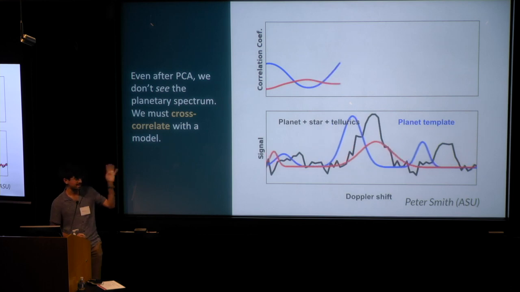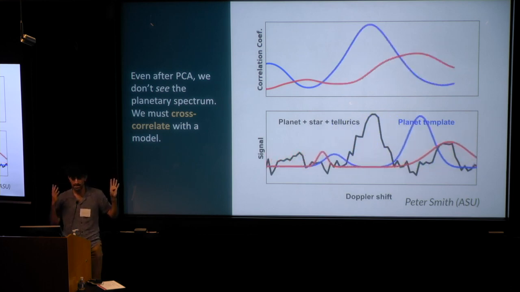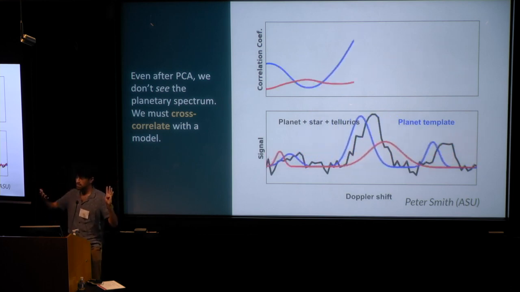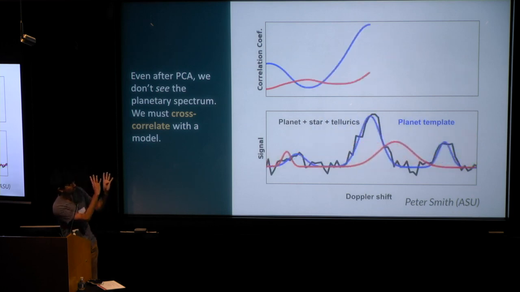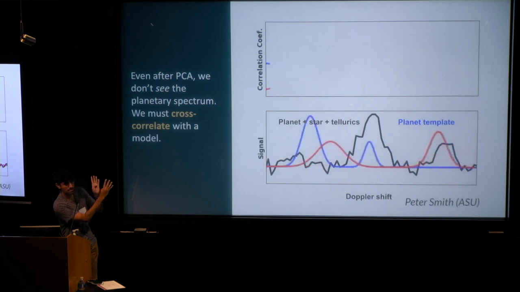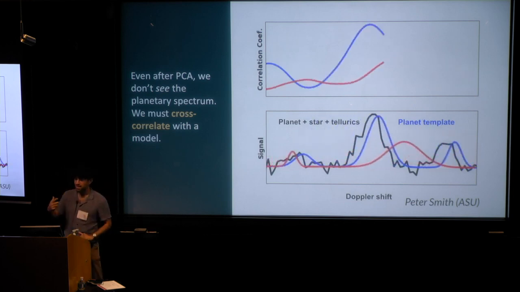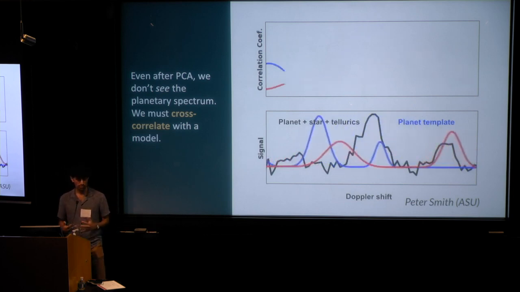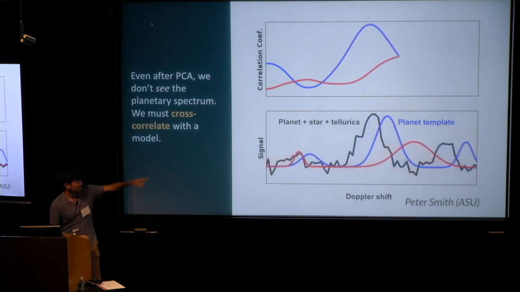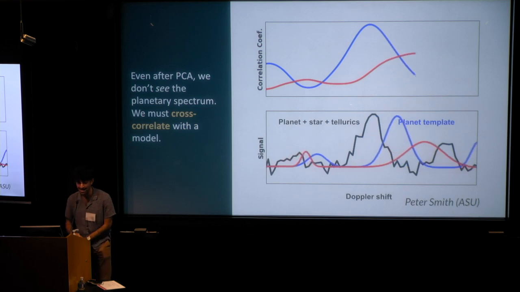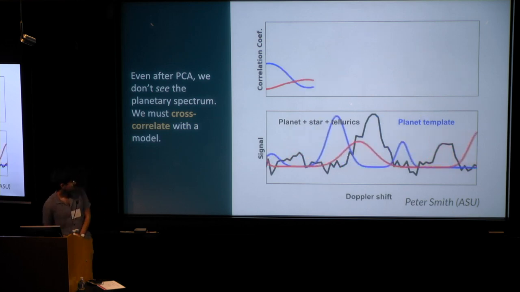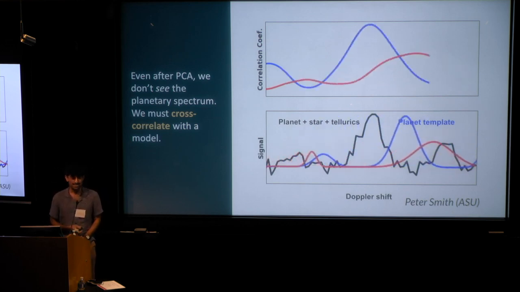So what we can do is take our data, and take a model that we presuppose is a great representation of the planetary atmosphere. We Doppler shift it over our data, multiplying as we go, and that function should be maximized at the Doppler shift where our model best matches the data. And if we see a big lump over there, voila, that means we've detected the planetary atmosphere at high confidence. So that's great. That's our second wrinkle.